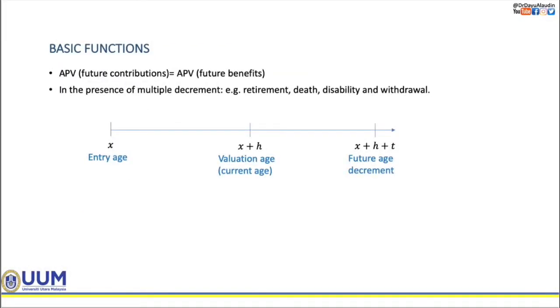The first basic function that we have to go through: the APV of future contributions must equal the APV of future benefits. So this one must be balanced.